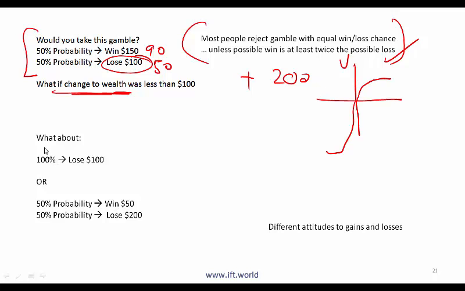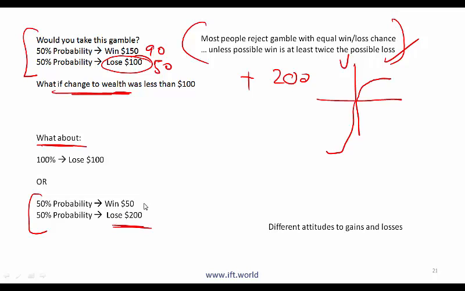What if we set up the problem slightly differently? So there is a 100% chance that you lose 100, or you have this scenario, a 50% chance of winning 50 versus a 50% chance that you lose 200.